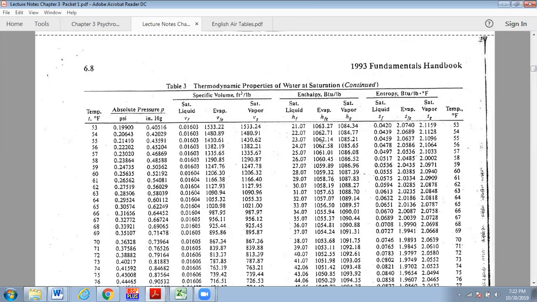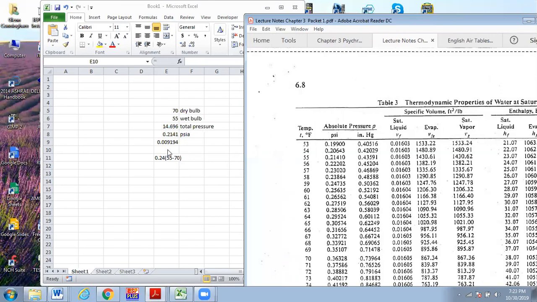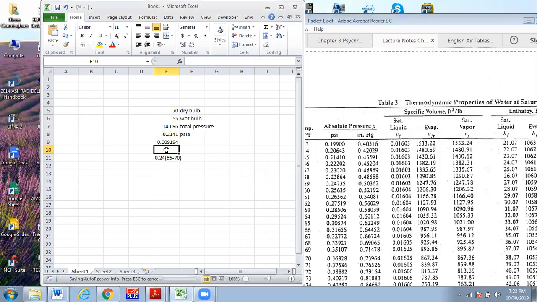So that enthalpy of vaporization at 55 is 1062.14. That's saturated liquid, and that's saturated vapor, and the difference between the two is HFG or IFG. So I'm going to need that. Let's stick it there. 62.4. Okay.